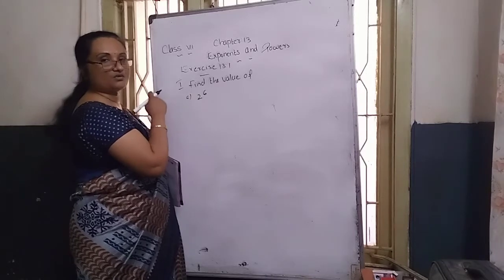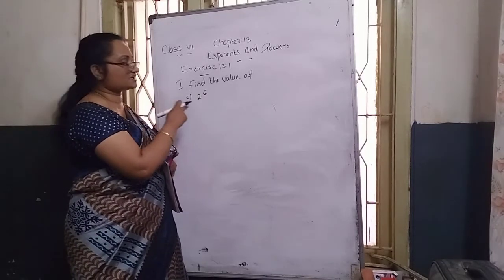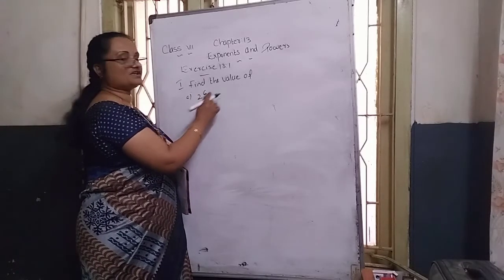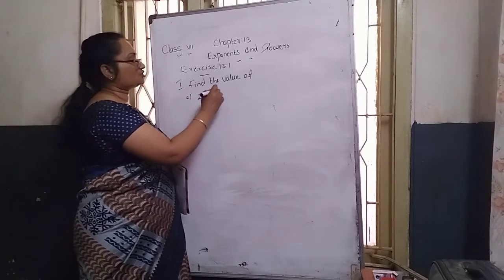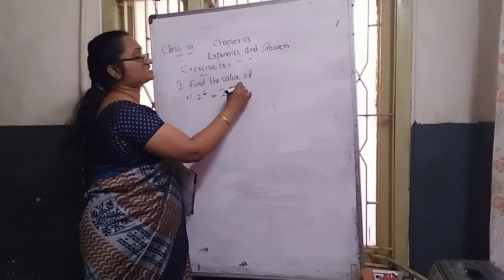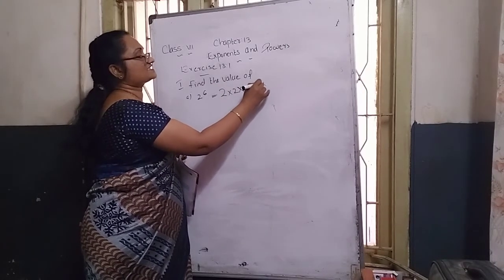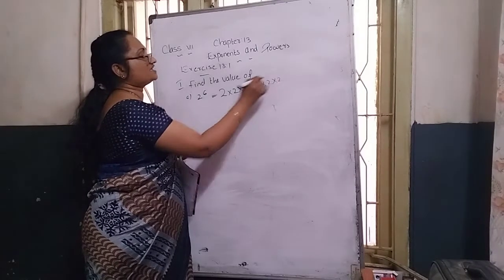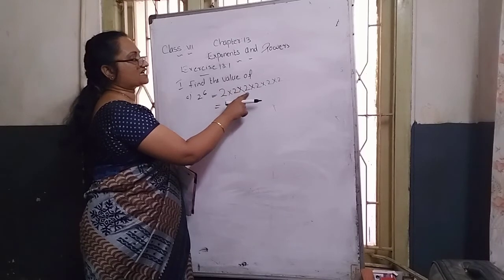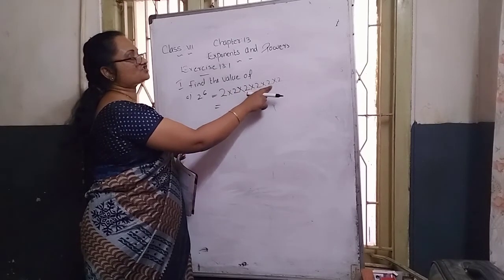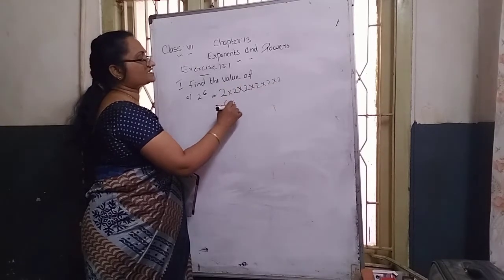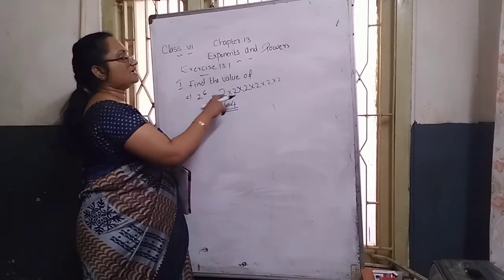What is the power? 6 is the power. That means base 2 is multiplied 6 times. 2 2s are 4, 4 2s are 8, 8 2s are 16, 16 2s are 32, 32 2s are how much? 64 is the answer for the expansion.